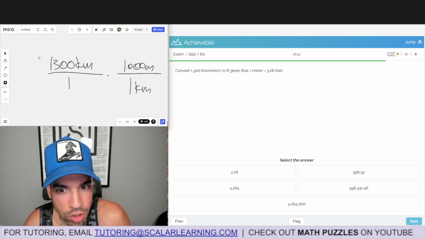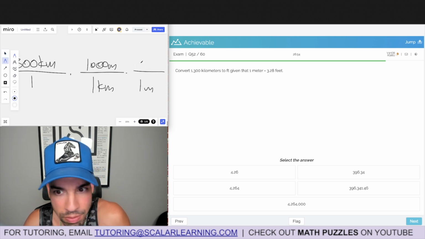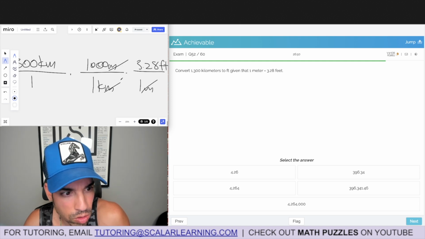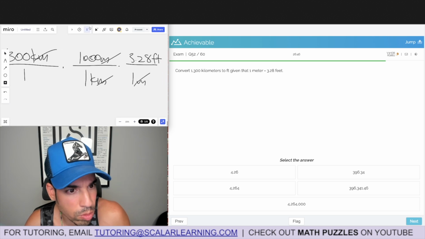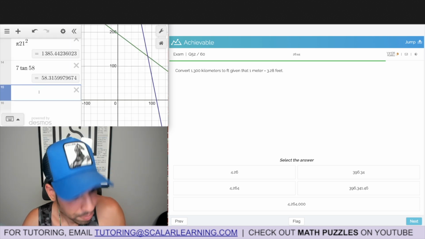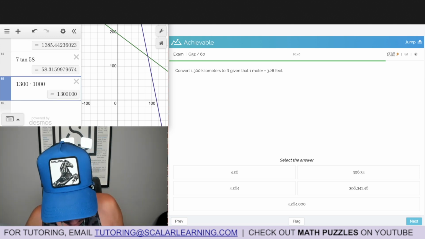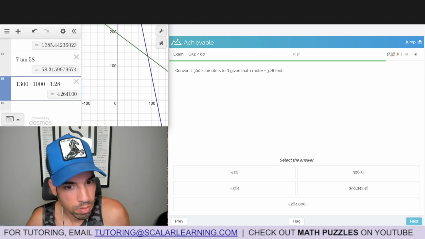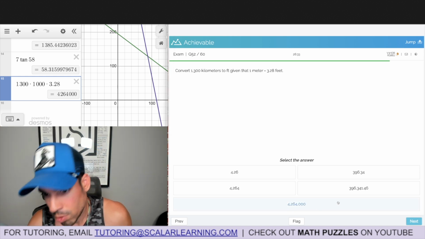Now I flip meters: 1 meter to feet is 3.28 feet. So these cancel, these cancel. We've got 1,300 times 1,000 times 3.28, and we get 4,264. This one's pretty big.